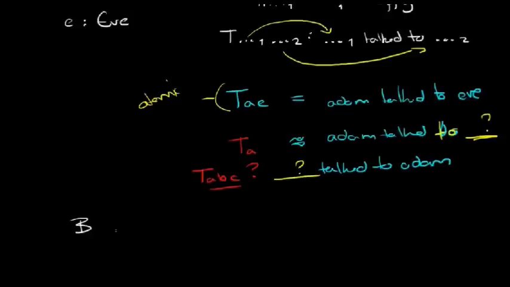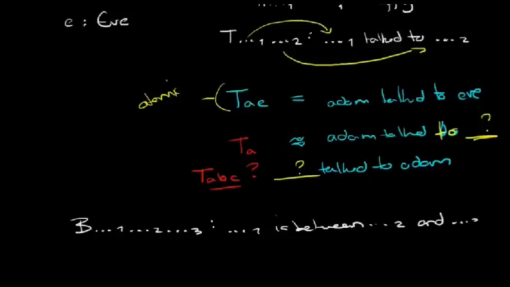So an example like this, for the predicate between, we might say that 1 is between 2 and 3. And again, what we've shown by writing out these 3 spaces is that in order for this to appear in a sentence, it needs 3 subjects. It needs 3 things to fill these spaces that we've got here.